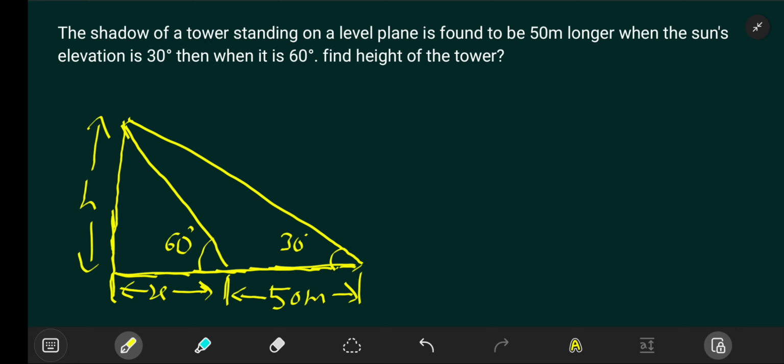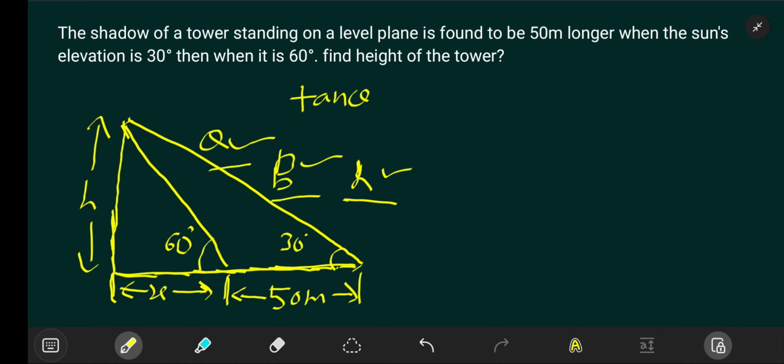Now apply tan 60 degrees. Why am I applying tan? Because here theta is given. We have assumed the base, and the height is also asked. So height, base and theta are present only in tan theta.